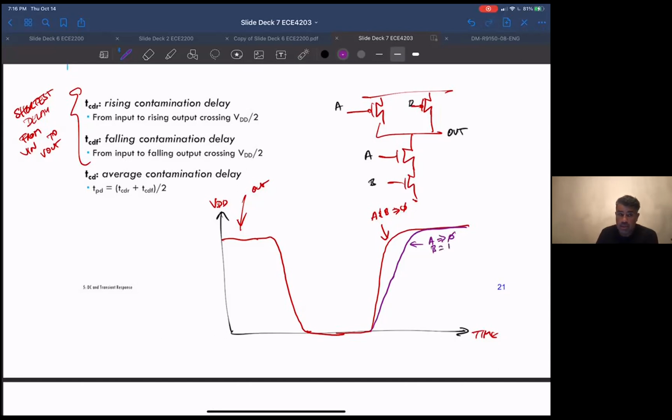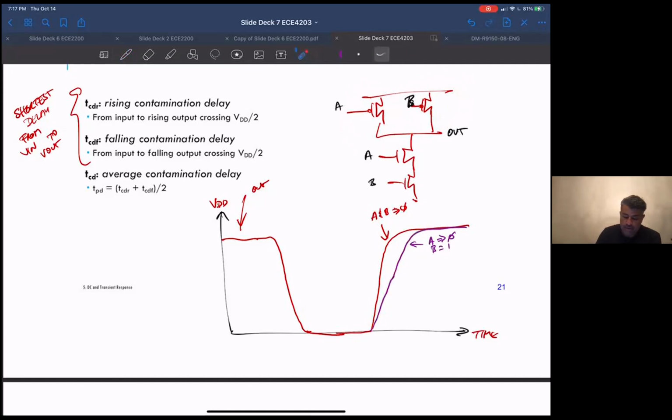That's a legitimate way to go from low to high, but only A turns on, and you won't get the benefit of the current through B, the PMOS transistor with B on its gate. Boy, I really did a bad job of drawing this. So it ends up being significantly slower.